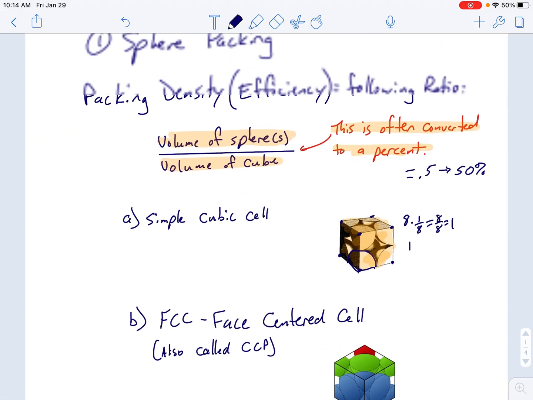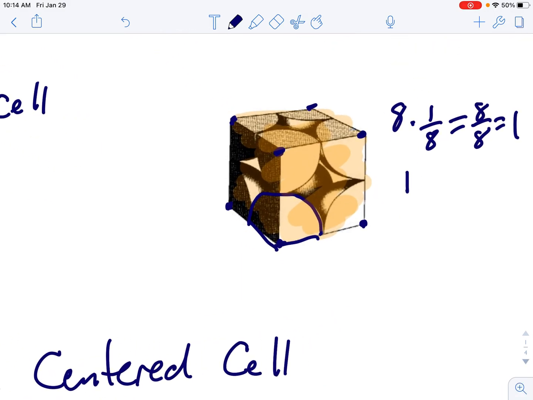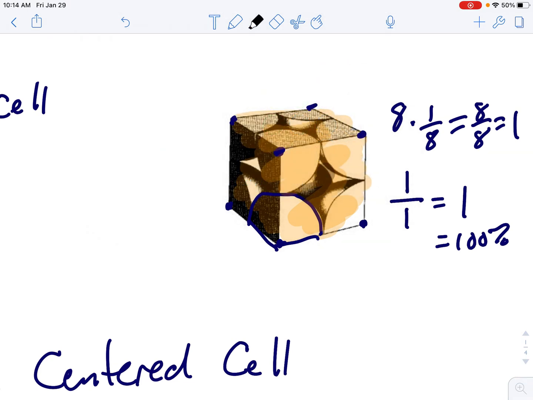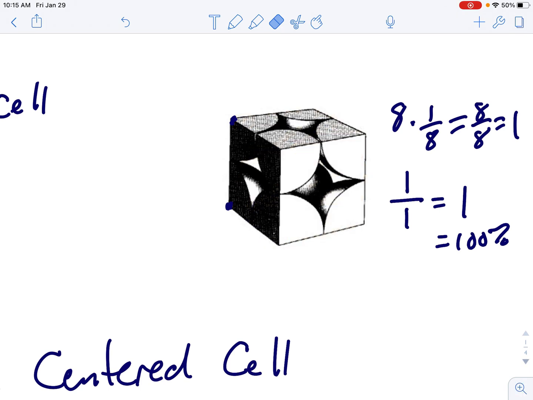Now, when we're talking ratio to calculate density or efficiency, you might be tempted to say, okay, one sphere in one cube is 1, which is 100% efficiency. Well, clearly that can't be true because we have space inside this box where there's no sphere. So it cannot be 100% efficient. So what's with the contradiction there? Well, it's really no contradiction.